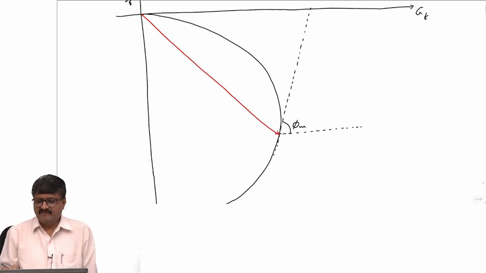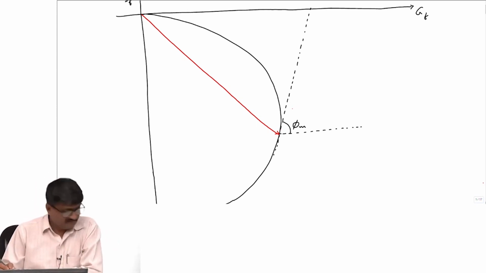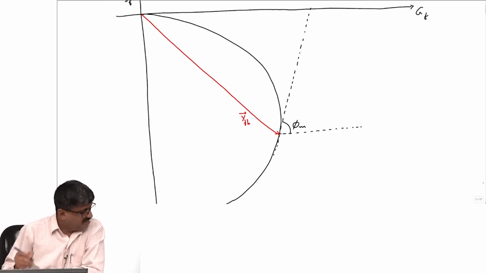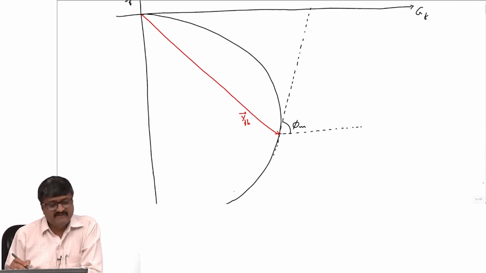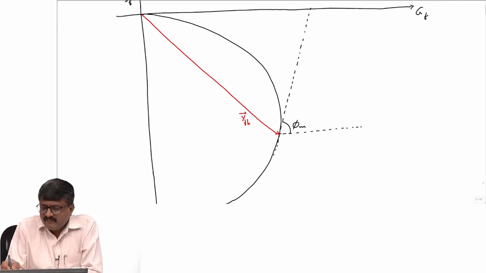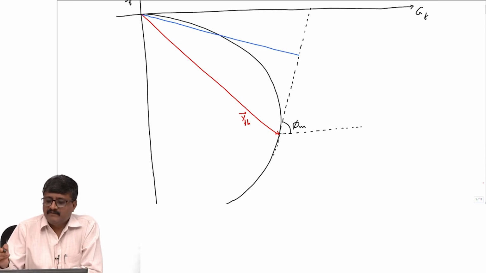So, this is y of h. And to get YNH, what I should do is first take YFH plus YNH, which is obtained by dropping a perpendicular from the origin to the boundary. Okay.